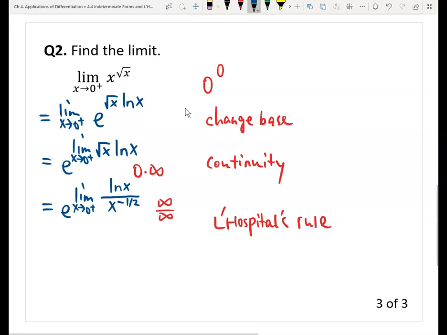Take the derivative. So e is here, and the limit as x approaches 0 from the right, and then a fraction. Okay, we take the derivative of the top, which is 1/x, the reciprocal, right? So 1 over x.